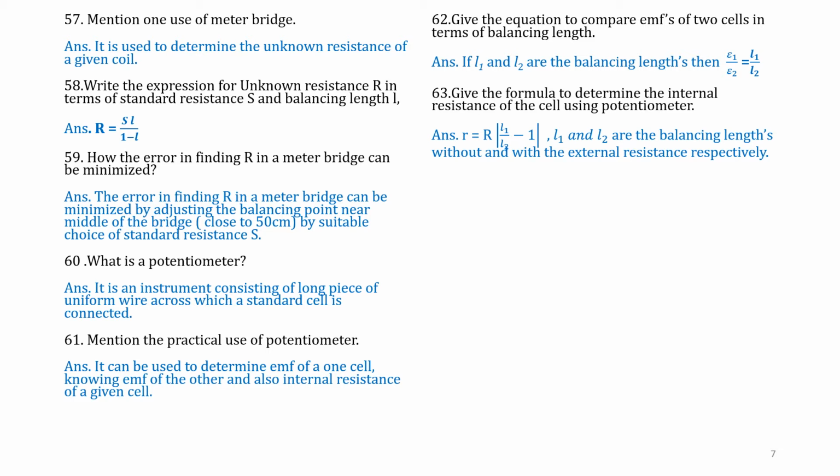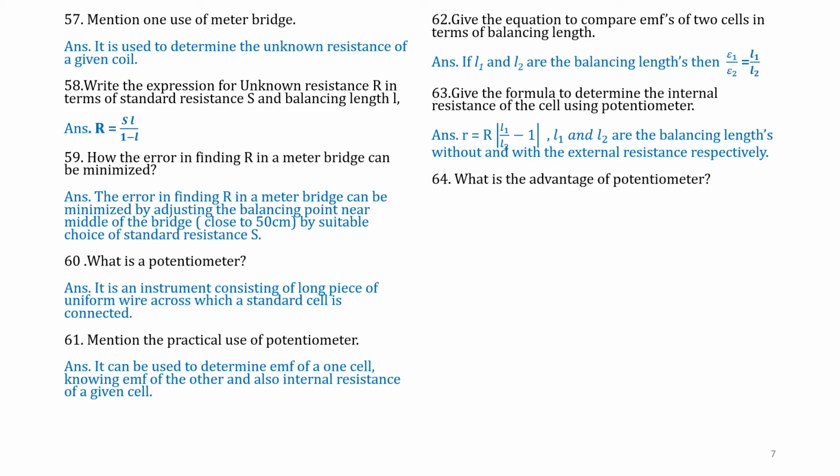This is the formula. Please note, L1 and L2 are the balancing lengths without and with external resistance respectively. That is, L1 is the balancing length without external resistance R, and L2 is the balancing length after connecting external resistance capital R.